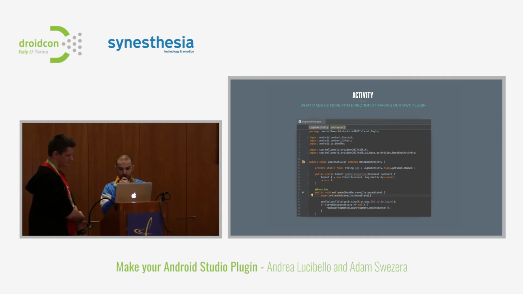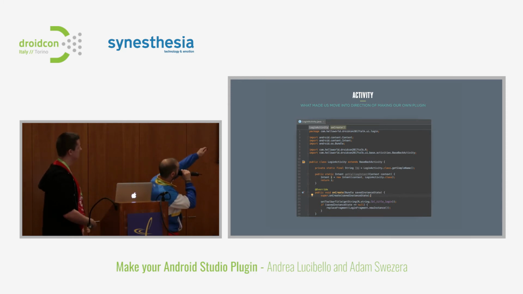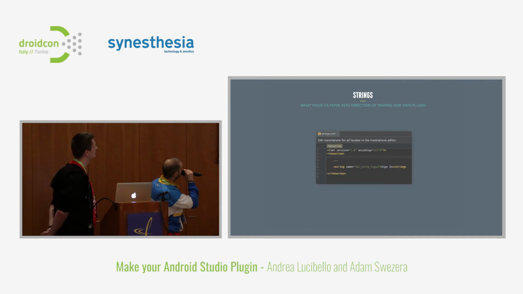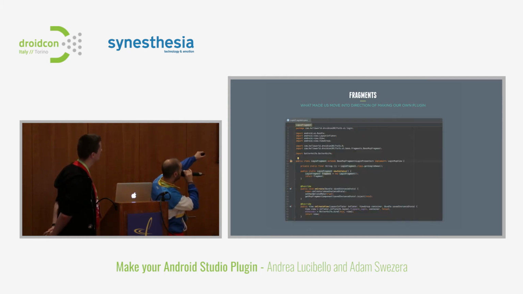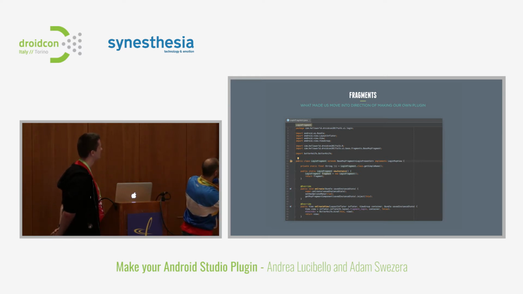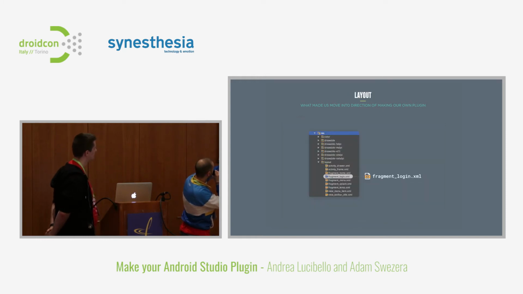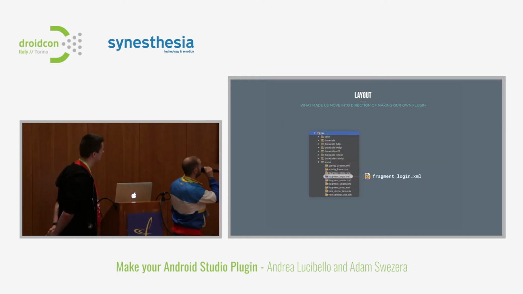And that string is exactly the string that we declared in the strings XML. Now we can go ahead. We can see here the login fragment that extends the base class and uses some layout. That layout is created in the layout directory under the res folder.